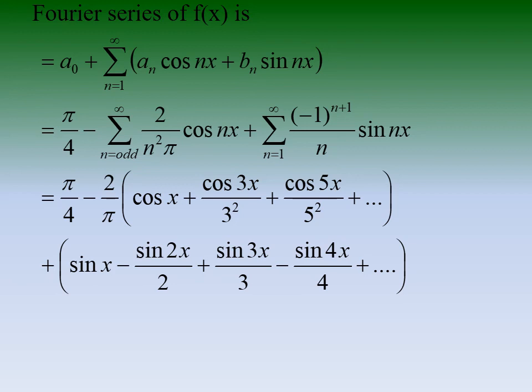If you substitute various values of n, it is equal to pi by 4 minus 2 by pi into cos x plus cos 3x by 3 squared plus cos 5x by 5 squared plus and so on, plus sin x minus sin 2x by 2 plus sin 3x by 3 minus sin 4x by 4 plus and so on. So this is the Fourier series of the function.